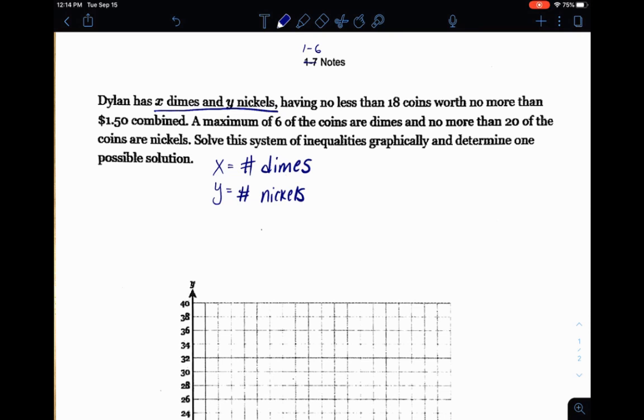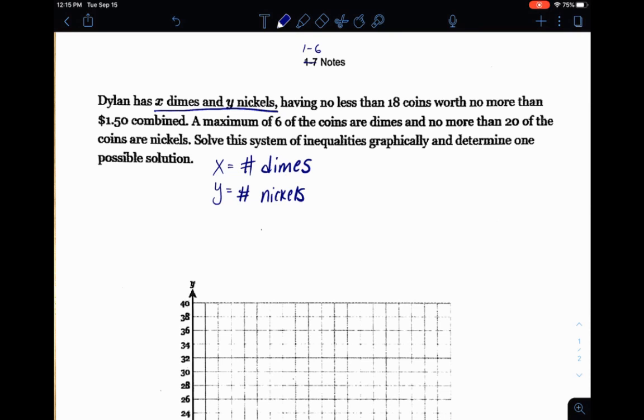Okay, so we have to write two equations here. It says having no less than 18 coins. If X is my number of dimes, Y is my number of nickels, and I want to figure out my total number of coins, what am I going to do with those two things? Add them together, right? If I have 10 dimes and 5 nickels, I have a total of 15 coins.